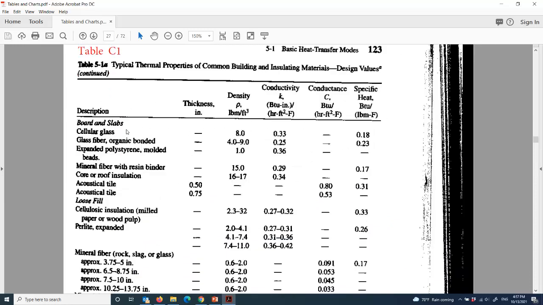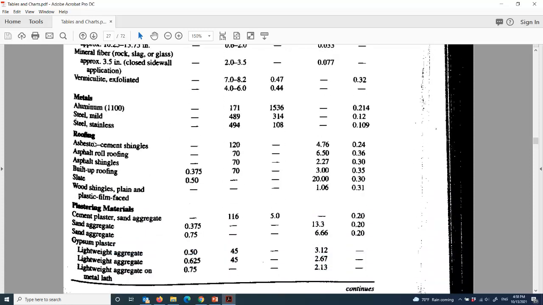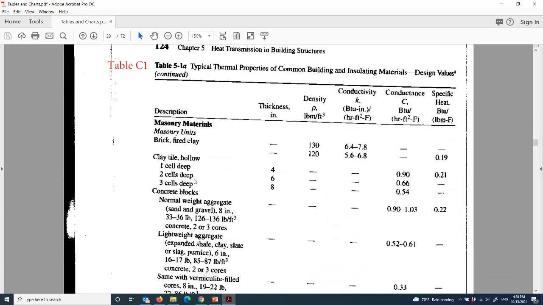Then you have boards and slabs. You can go through it. You have metals. You have roofings, so roof with shingles or built-up roofing, for example. We'll do an example here, or maybe the homework. It's 0.375. The roofing will be different for you. That's equal to 3. So if the roofing is different, make sure you change that value. And then we have bricks.